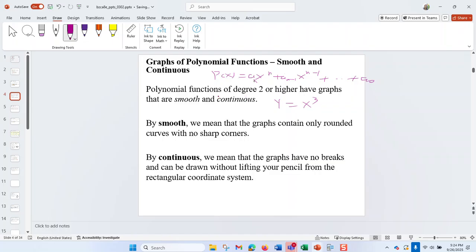Cubic is also a polynomial. So a polynomial is always a smooth and continuous graph. The polynomial domain is always all real numbers. If you look at quadratic, cubic, or linear, those are all polynomials, because all these powers are integers. So the domain is always all real numbers.